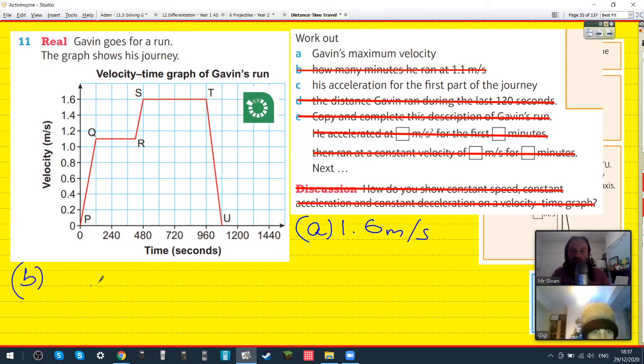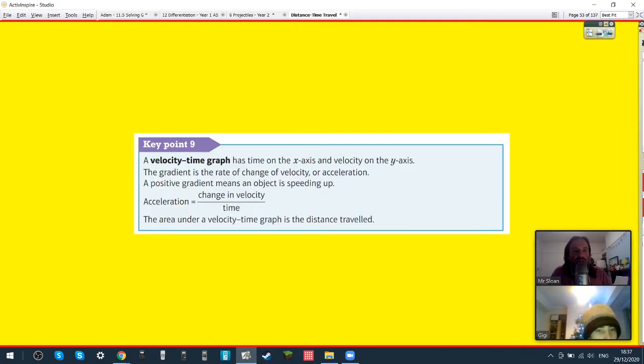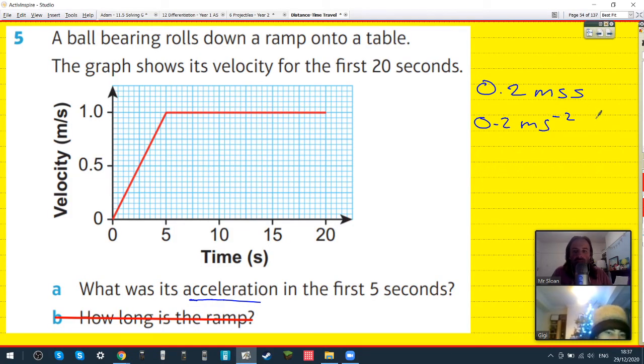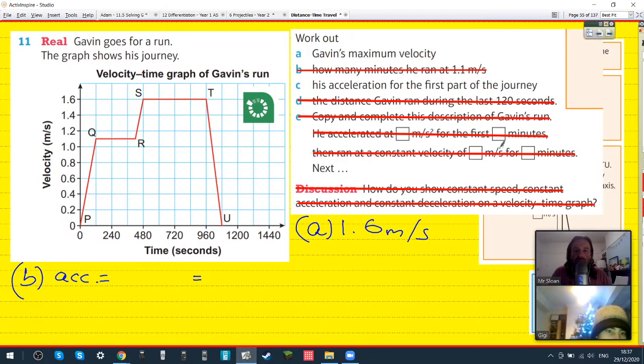And B, his acceleration for the first part would be... not sure. How did you get acceleration for the first part of the journey here? You find the gradient of that bit. Yep.